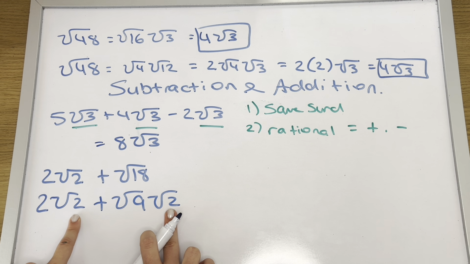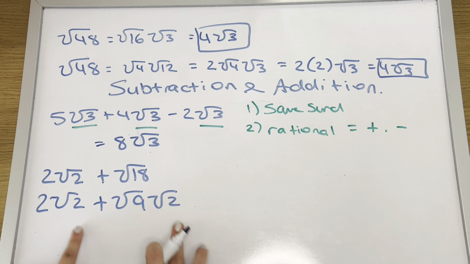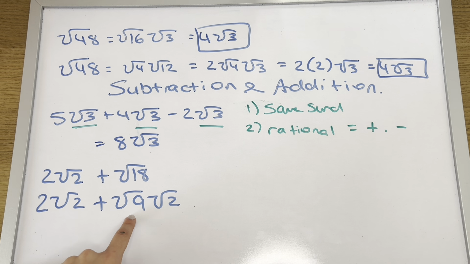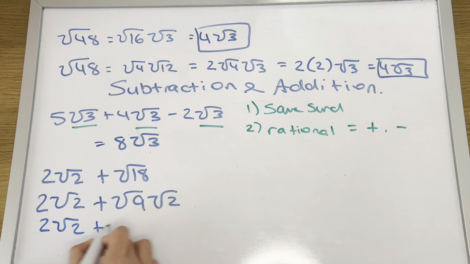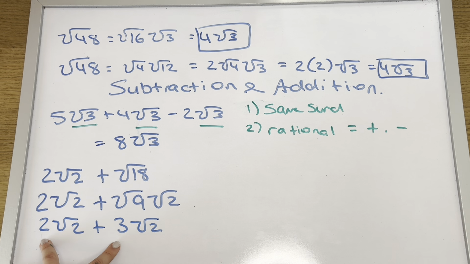We have the same surd, but our problem is that this surd of 9 can be broken down again, which gives us 3 and the surd of 2. Now, 2 plus 3: we keep the rational with the rational, and we add it in this case.